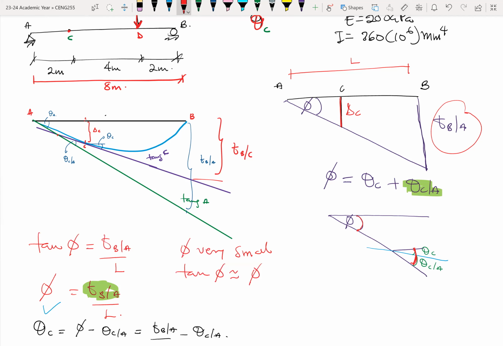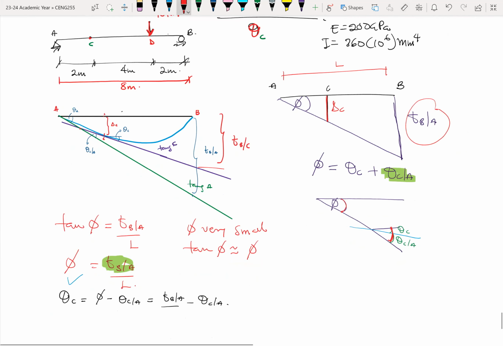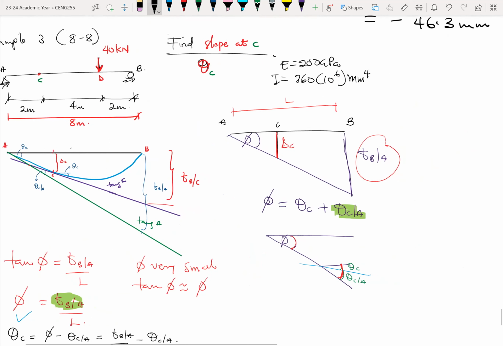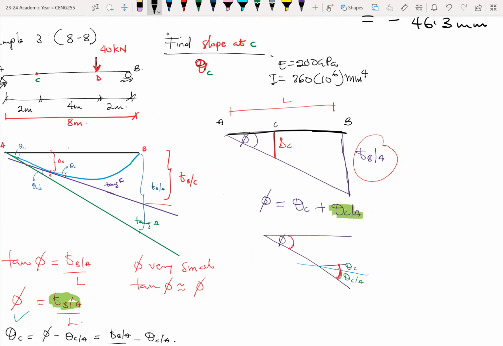Okay. So here I was saying that if you look at the beam AB, then you look at the tangent A, then you look at the vertical deviation TBA, you can pretty much put together a triangle. Okay. So if you come to the right, I have this triangle right here. So there's the length AB.